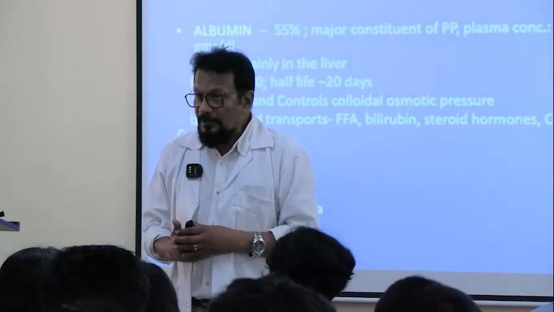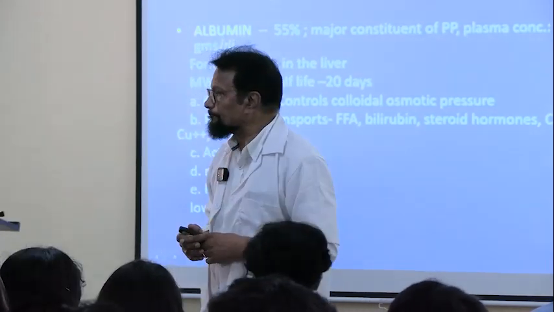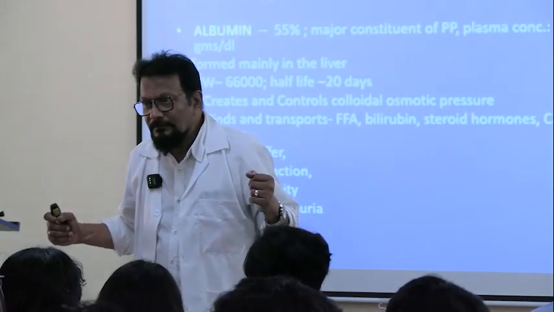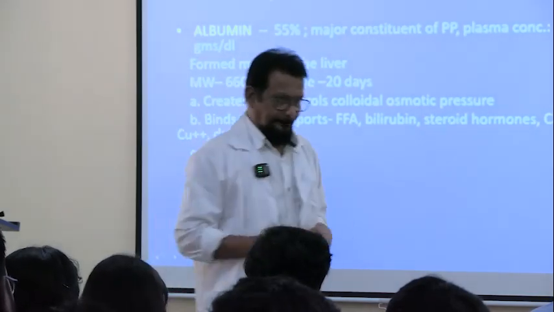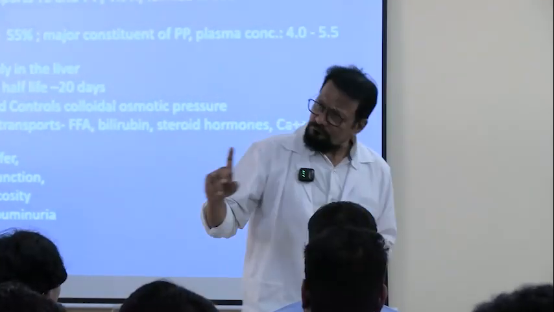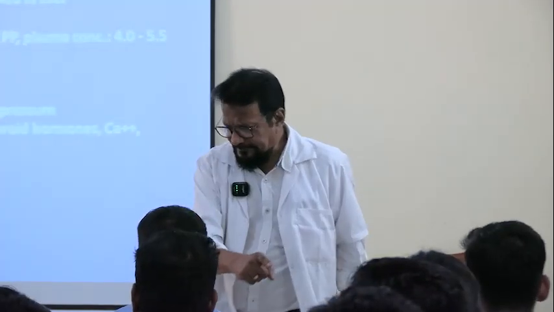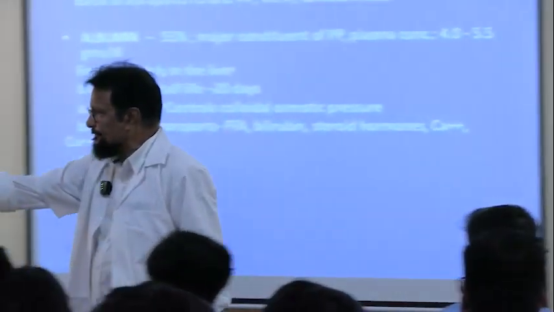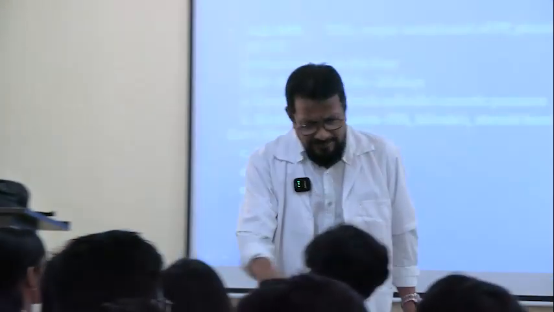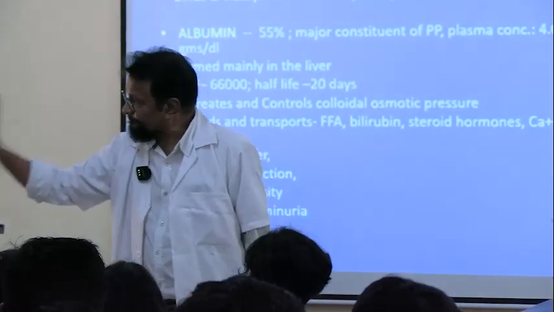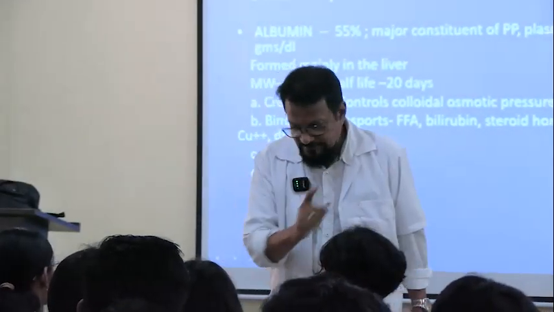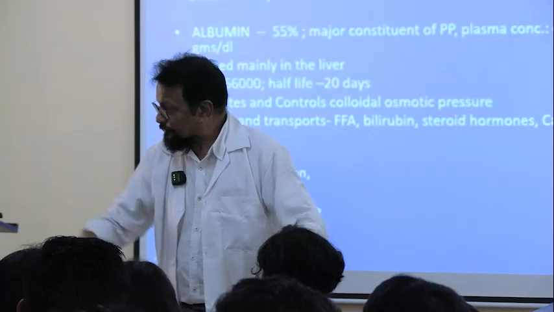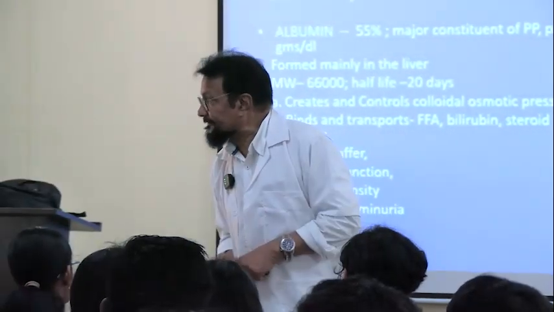So what to do? These proteins are made up of what? Amino acids. Suppose these are the amino acids. They will form a protein. Now, when you join them together, you will form a peptide.